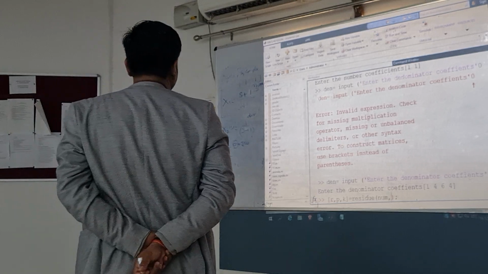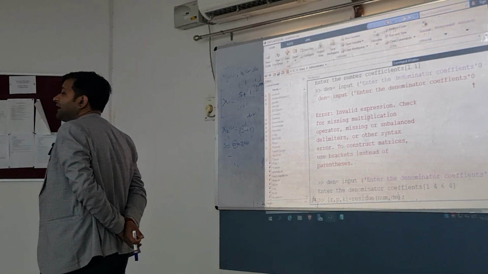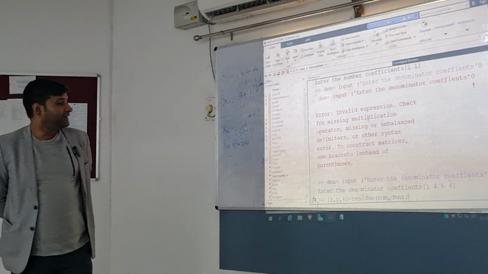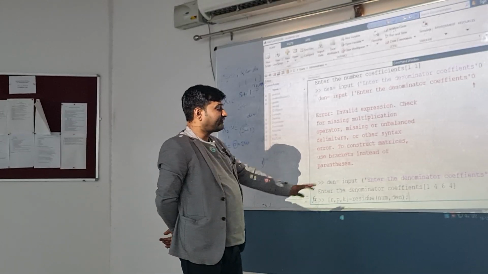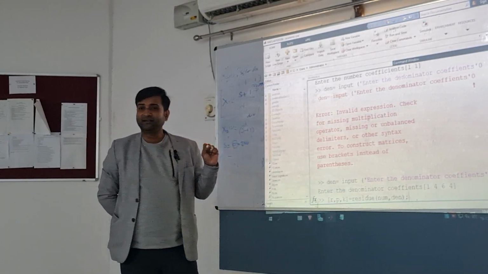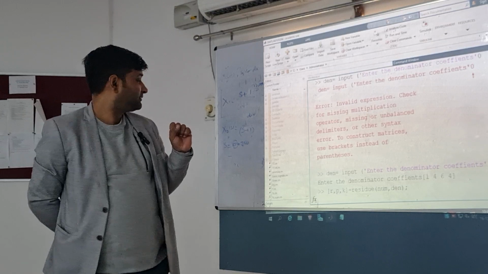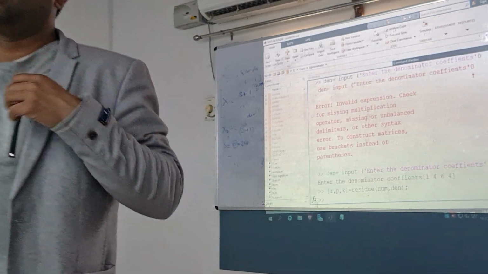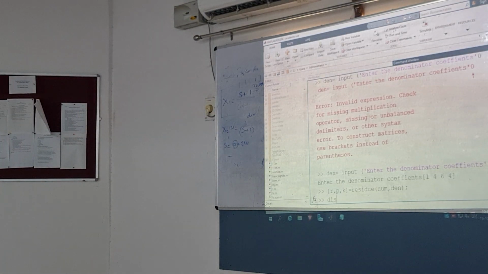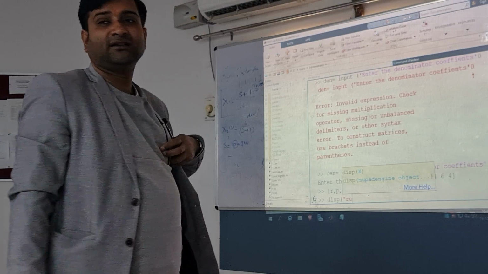And you have declared the NUM. This signifies the numerator, and DEN, this signifies the denominator. Enter. Display. You have write the command, this means you have chosen this.